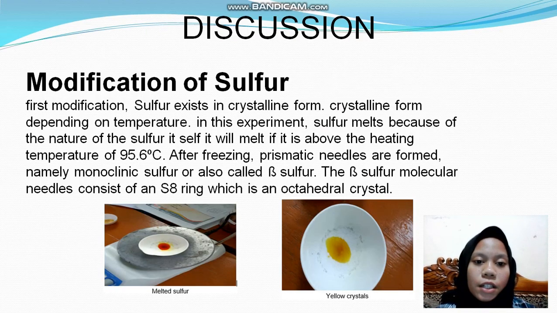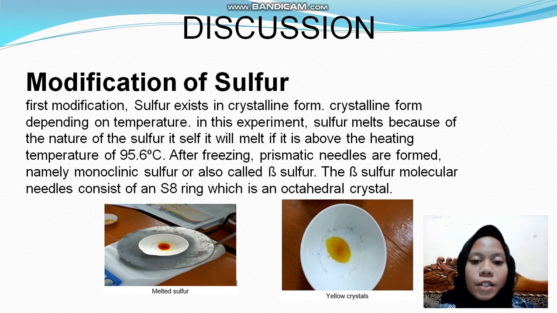Discussion: modification of sulfur. First modification: sulfur exists in crystal form depending on temperature. In this experiment, sulfur melts because of the nature of the sulfur itself. It will melt if heated above a temperature of 195.6 degrees Celsius.